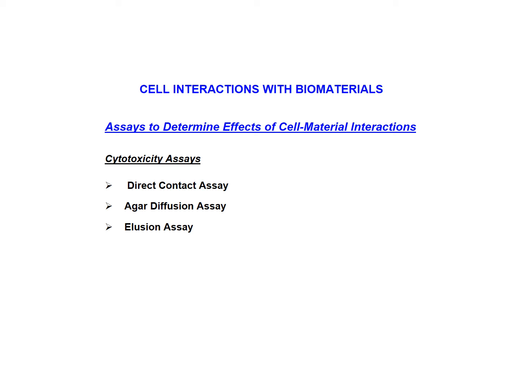Since you start with a buffer which does not have any other chemical compounds, if there are chemical compounds which are eluted from the specimen, in the case of metals could be ions, in the case of polymers could be monomers, those can be determined in terms of what they are and what is their concentration.